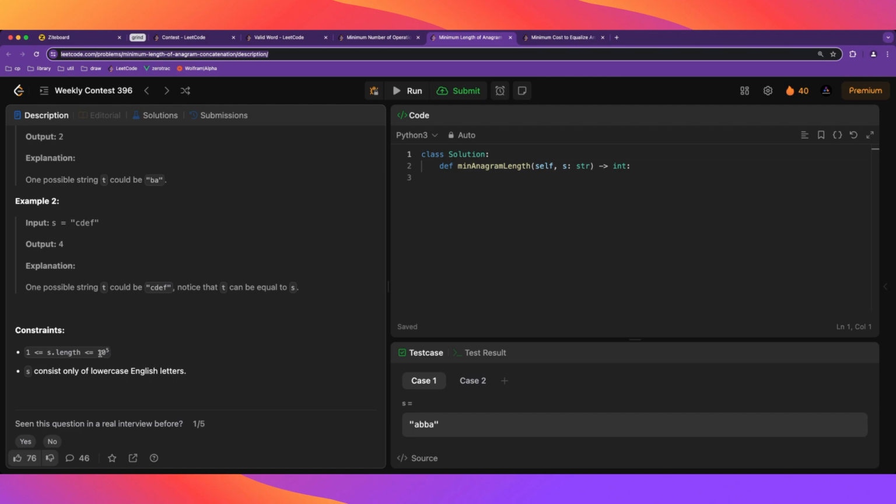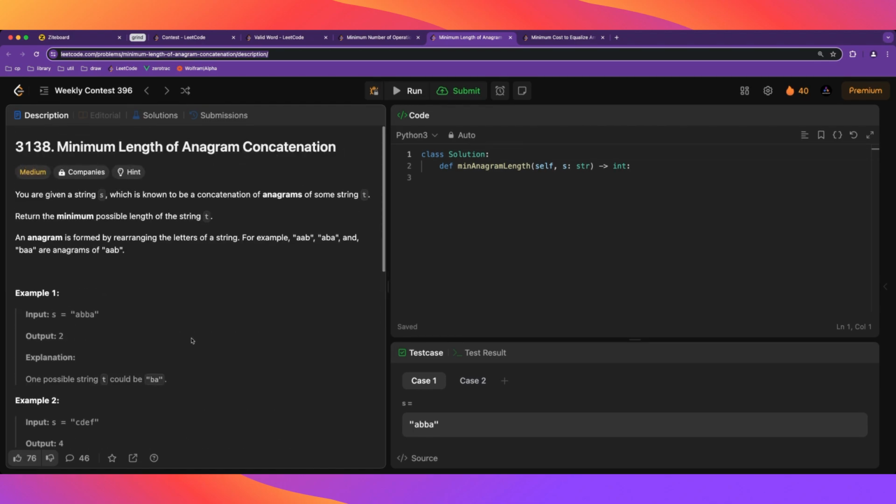The size of the string is up to 10 to the 5th. Here the realization is that for T to form S by concatenating anagrams of itself many times, the length of T must divide the length of S, right?